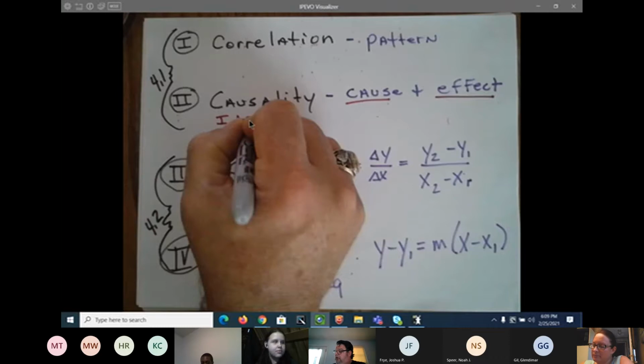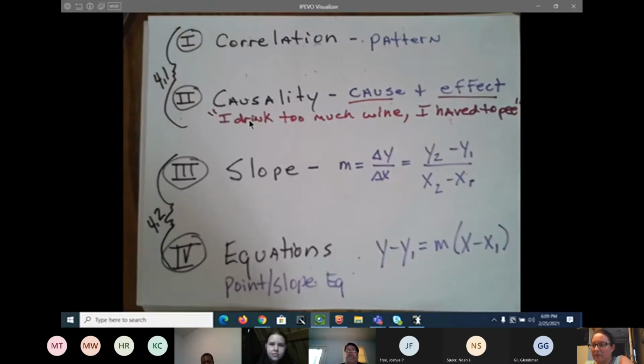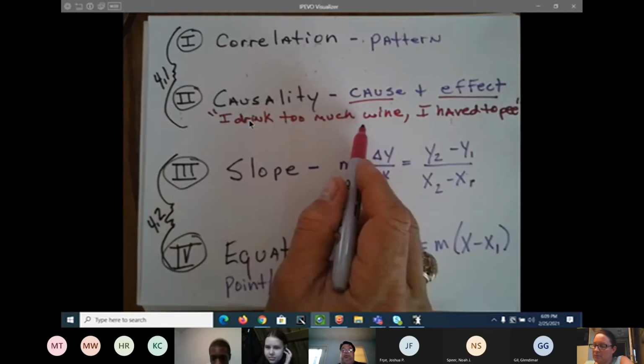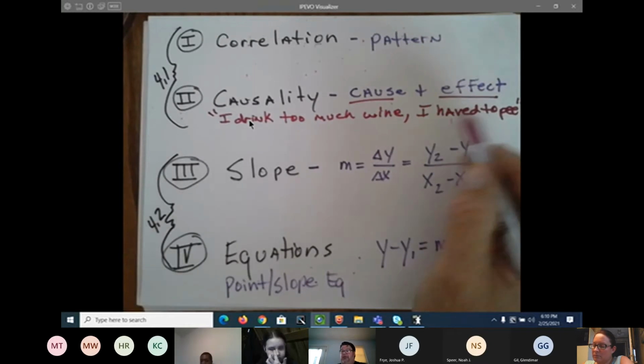I have to pee. Now, why am I pulling that out of a movie for cause and effect? Because this is cause and this is what? Effect. Cause and effect.